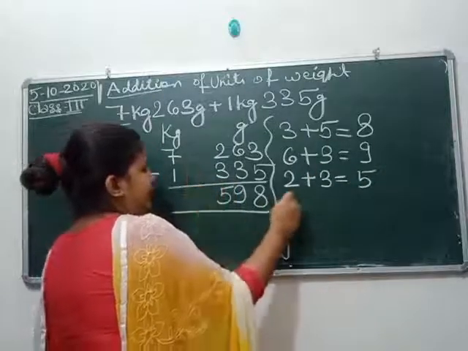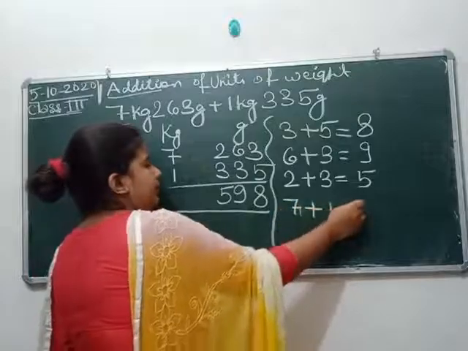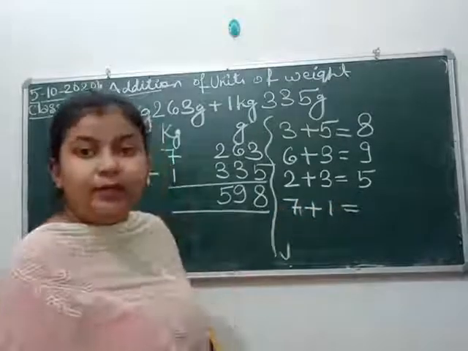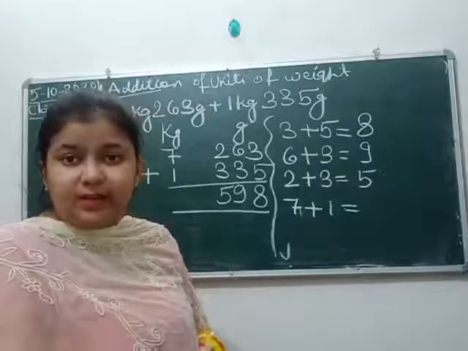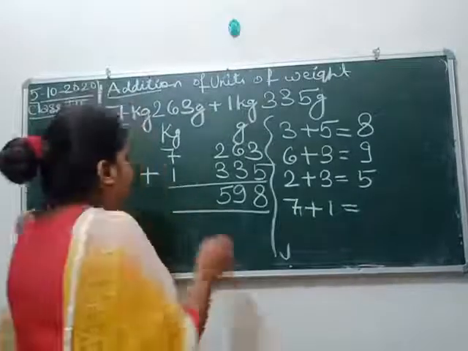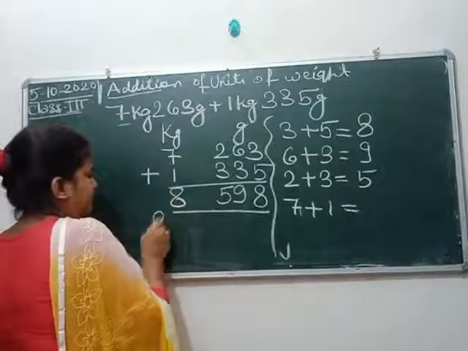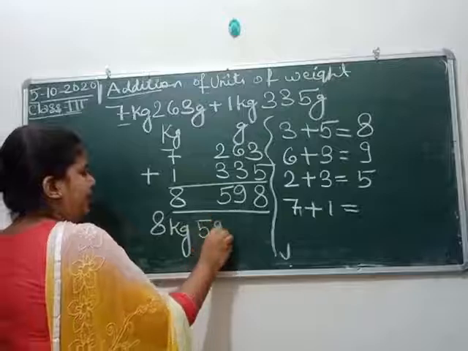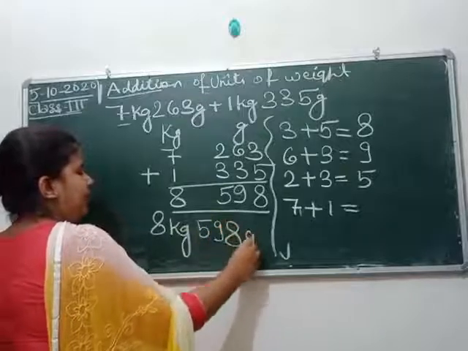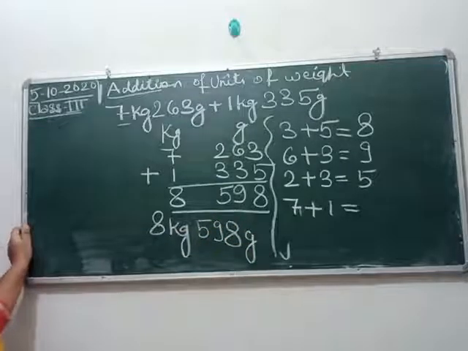And at kg place we are having 7 plus 1. Adding 7 and 1 you will get 8. So our answer here will be 8 kg 598 gram.